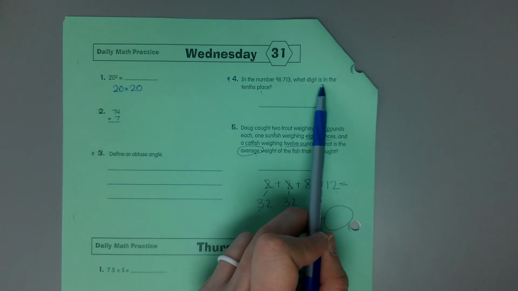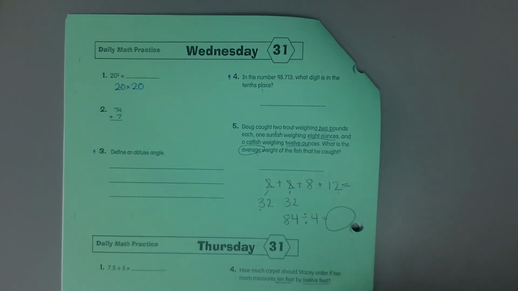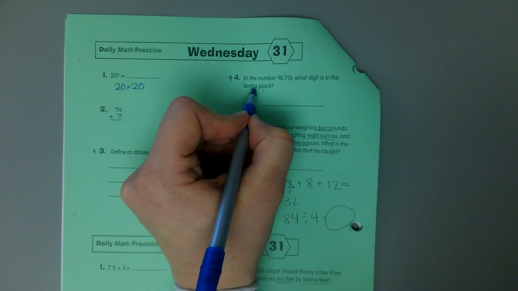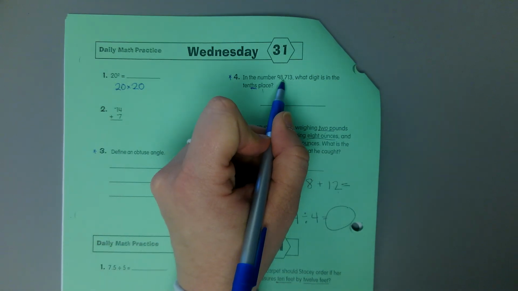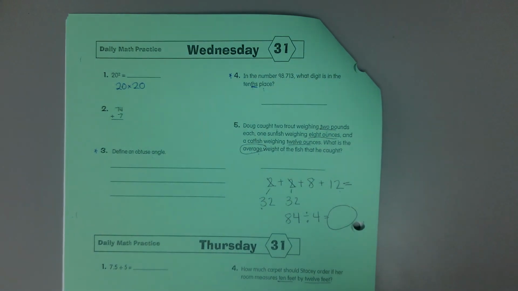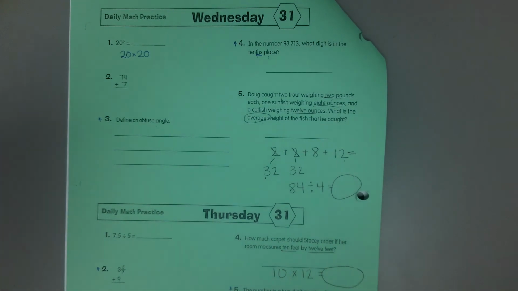Google where is the tenths place in a number or something along those lines, and you will know which one of these is in the tenths place. The THS tells you it's going to be to the right of the decimal. So Google that one and it'll tell you.